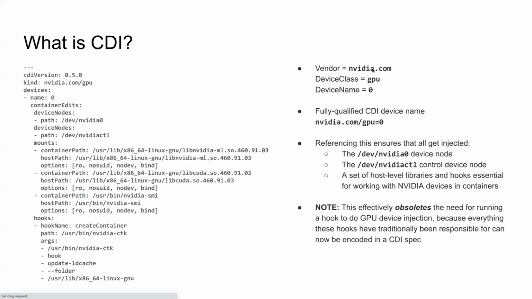Cool. So maybe I'll give you a quick example. From an NVIDIA perspective, since that's what I tend to work on day to day, here on the left-hand side is an example of a CDI spec, and a spec contains a number of devices. Each of them has a name.